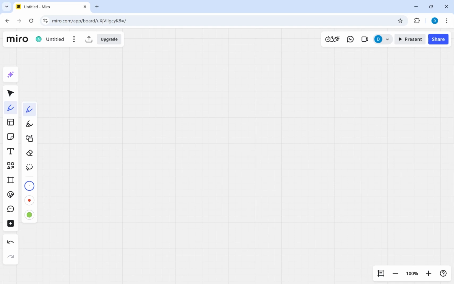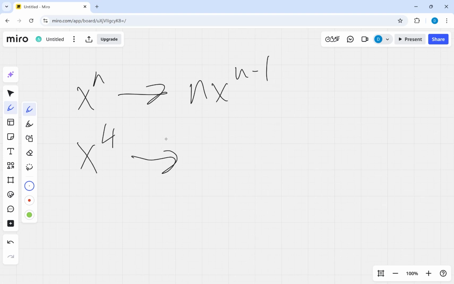Specifically, the way that you take a derivative is that you take your variable, x to the power of n, and it becomes n times x to the power of n minus 1, right? So we have x to the fourth. It becomes 4x to the third, because 3 is 4 minus 1, right?